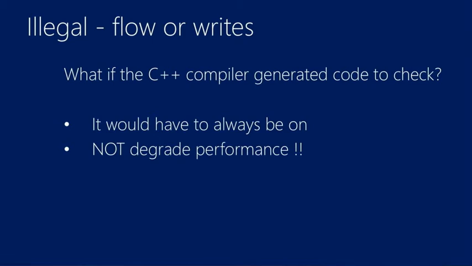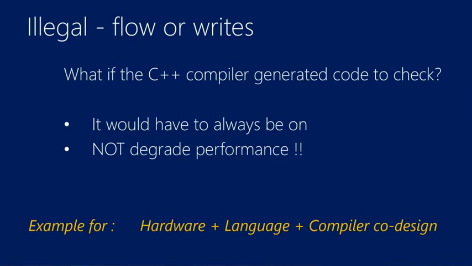But in our world, static analysis or any kind of checked build wouldn't be enough. This stuff would have to be on by default all the time. It couldn't slow the performance down, and it would never be something that we could fully disclose. But this is an unbelievably great area for language designers, hardware designers, and compiler writers to make an incredible difference if we work together. This is super, super important.